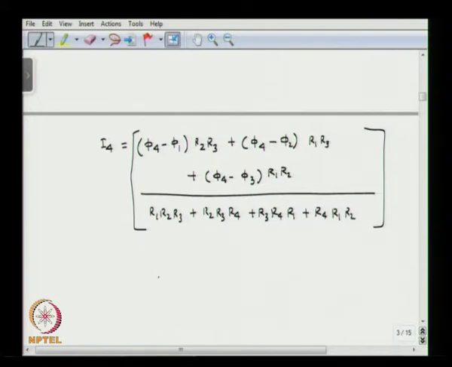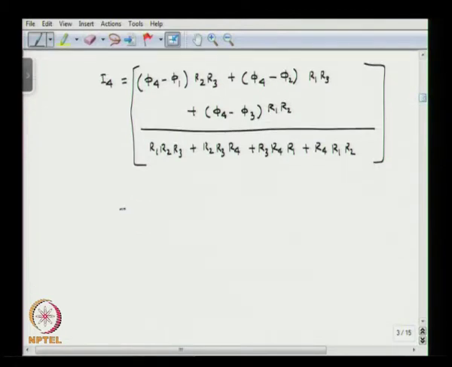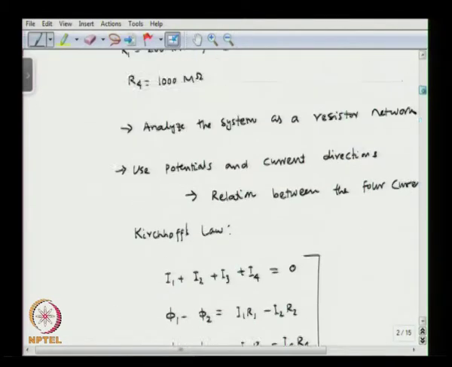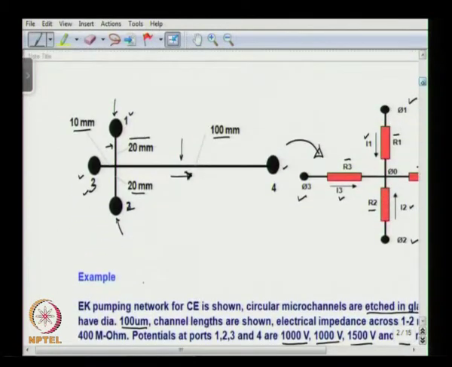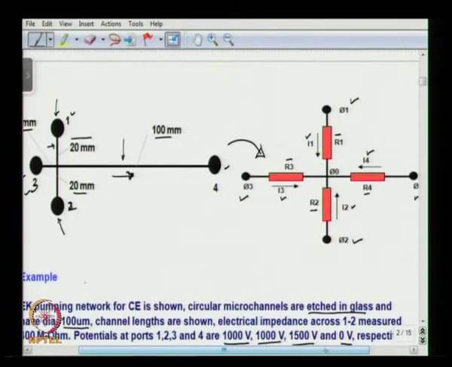We know all the values here, so if we plug in the values, we can calculate I4 is minus 1.2 into 10 to the power minus 6 ampere. This is negative because we have taken I4 to be in this direction, but in reality the current is going to be in the opposite direction, the same as the direction of the flow.